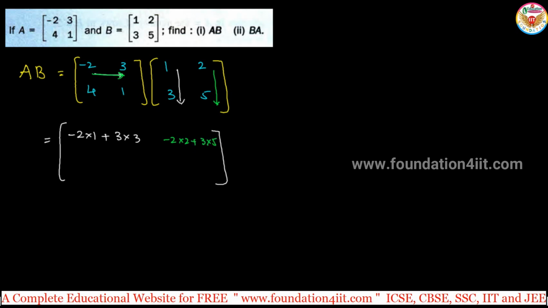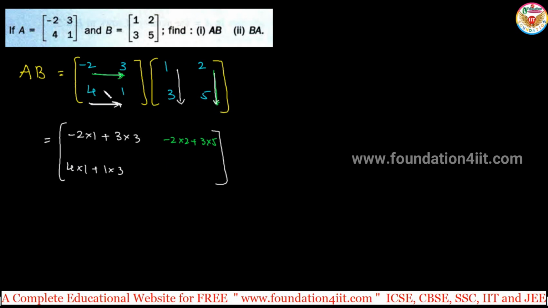Right, it's over. Next we start with the second row, again with first column: 4 into 1 plus 1 into 3. Again second row with second column: 4 into 2 plus 1 into 5. You just simplify, you'll get the result.